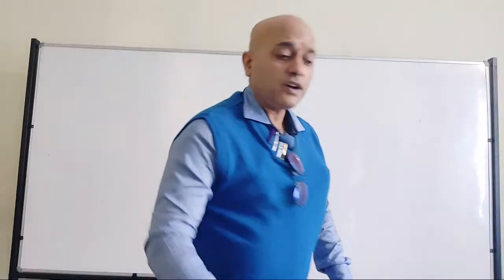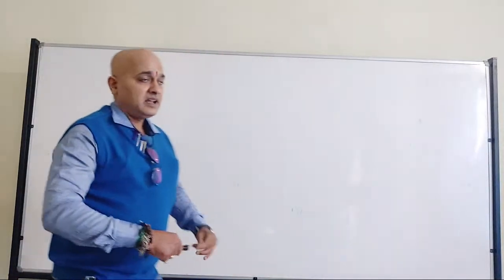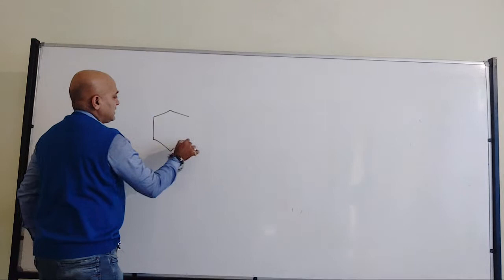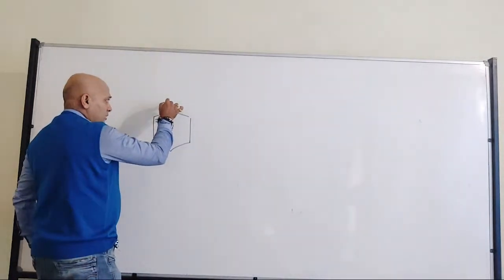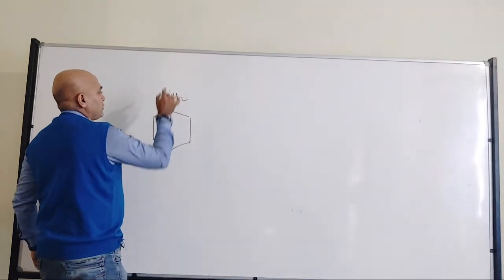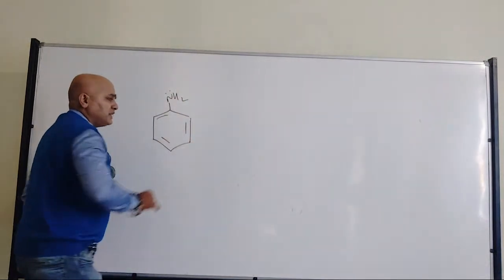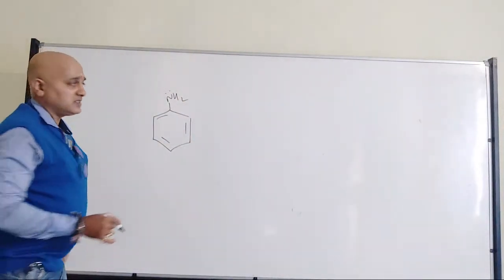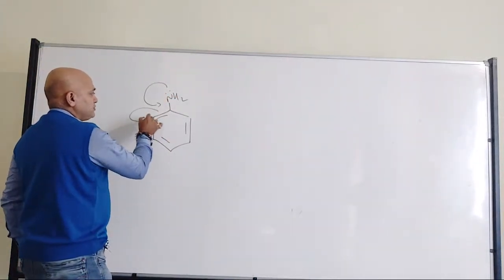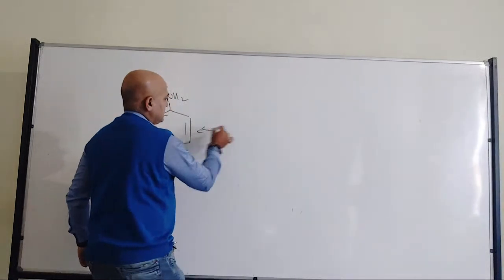Due to the presence of positive resonance, as we have discussed for aniline, phenol, and even chlorobenzene, right? All of them show the positive resonance. So that's where the electron will be shifted here. Due to that, the electron will be moved like this.